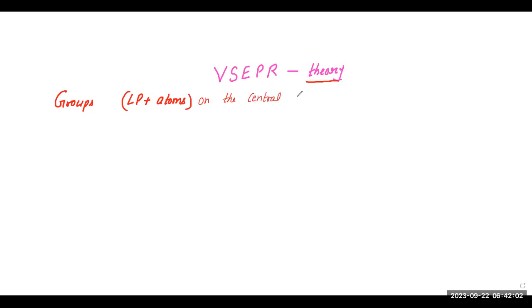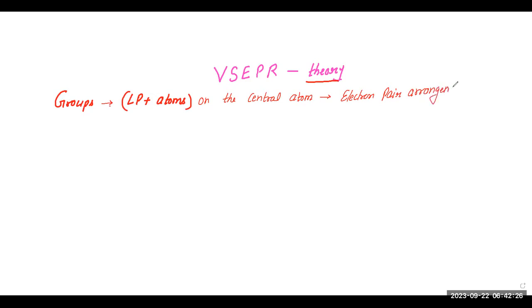On the central atom. These are groups. When you look at the groups, lone pair plus atoms on the central atom, it gives you electron pair arrangement. Electron pair arrangement, which you can see in my notes.